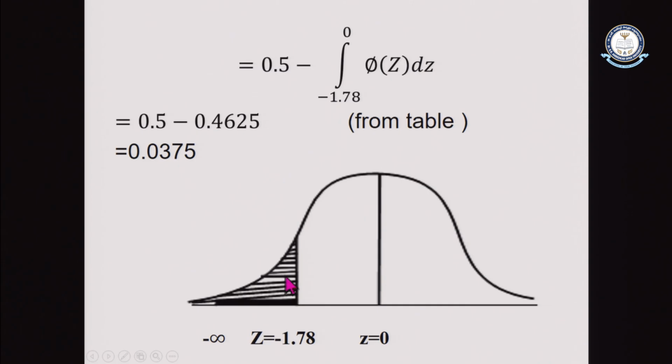Minus infinity to 0 is 0.5, and I found this value, 0 to 1.78. If we subtract it from the total area, then this shaded area becomes the left of the Z part. So what is the Z part here? 0.03, a very small part.